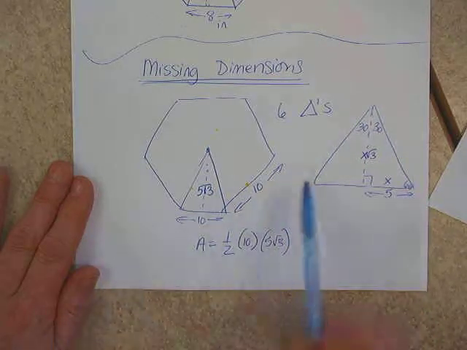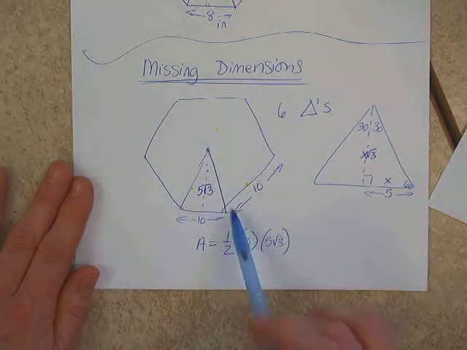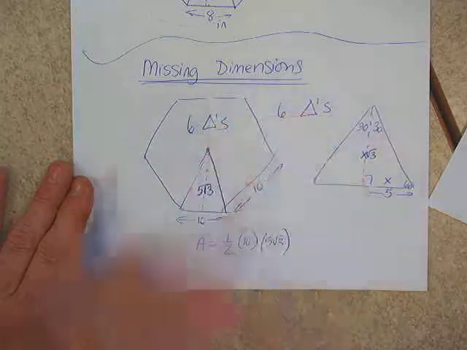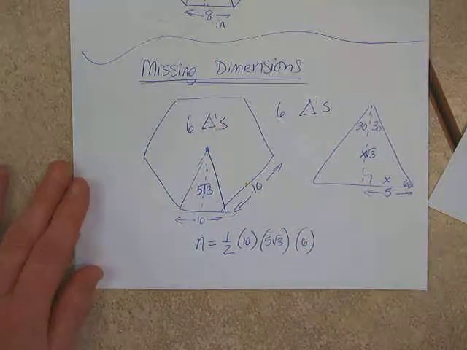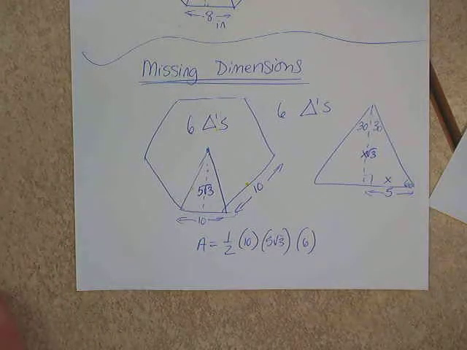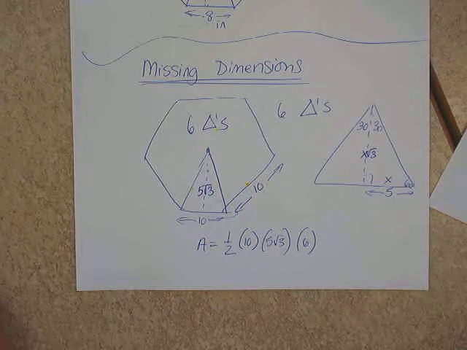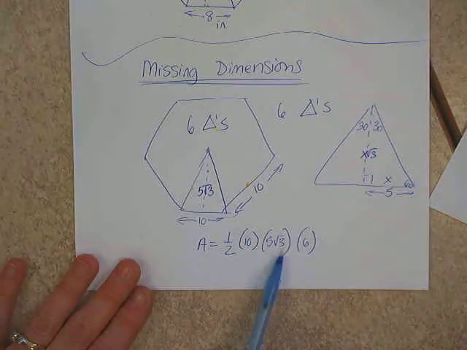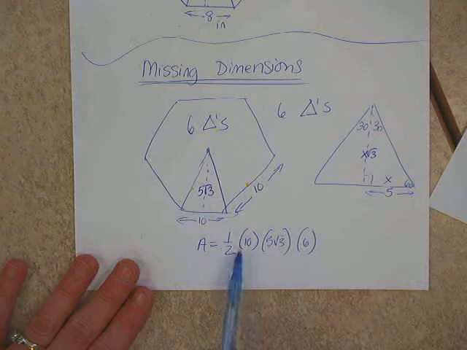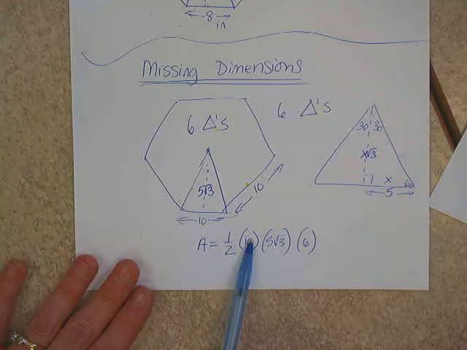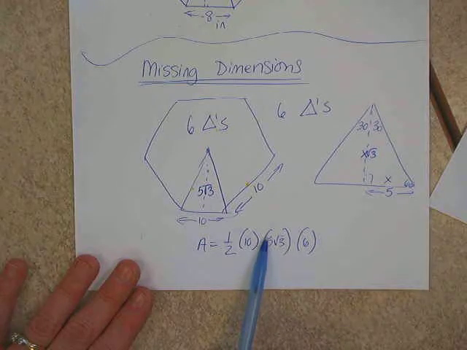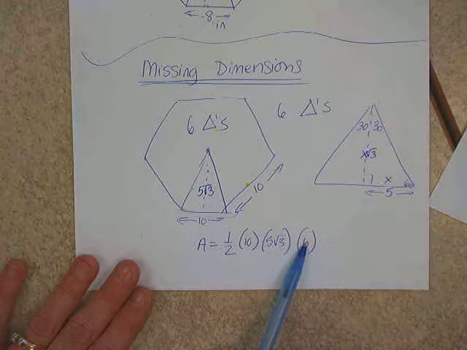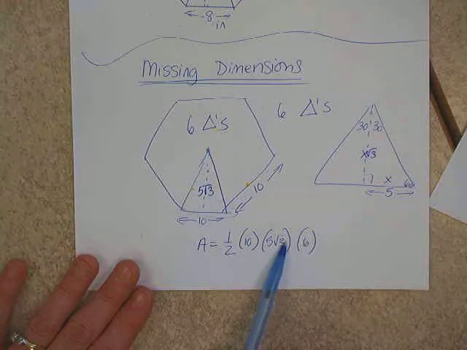So area is 1/2 of the base of a triangle, that's 10, times the height of the triangle, which is the apothem, 5 radical 3, times the number of triangles, and there would be 6. Now this is a little bit different because it has that radical. You can't just punch everything into your calculator unless it says round to the nearest tenth.